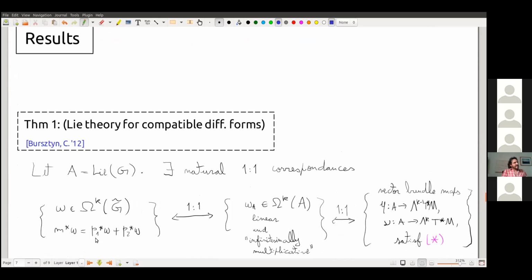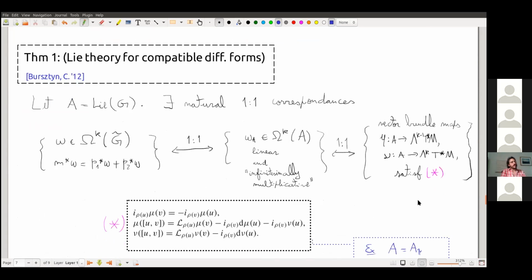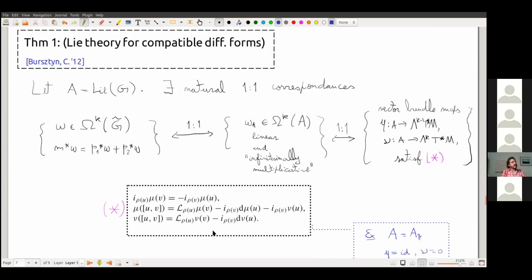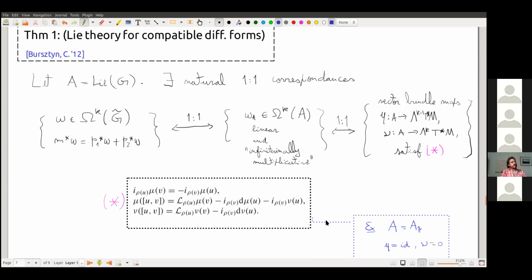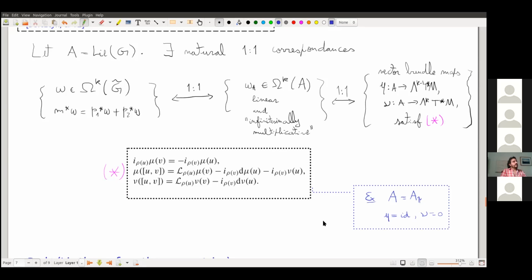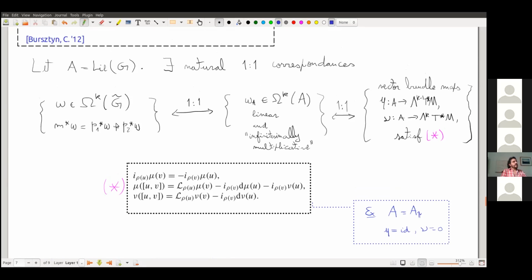But actually, there is a Lie theory way more generally for all these forms. And they end up being characterized by infinitesimal data satisfying this set of PDEs. And this is a one-to-one correspondence. So this is the first theorem, the infinitesimal characterization of compatible forms.